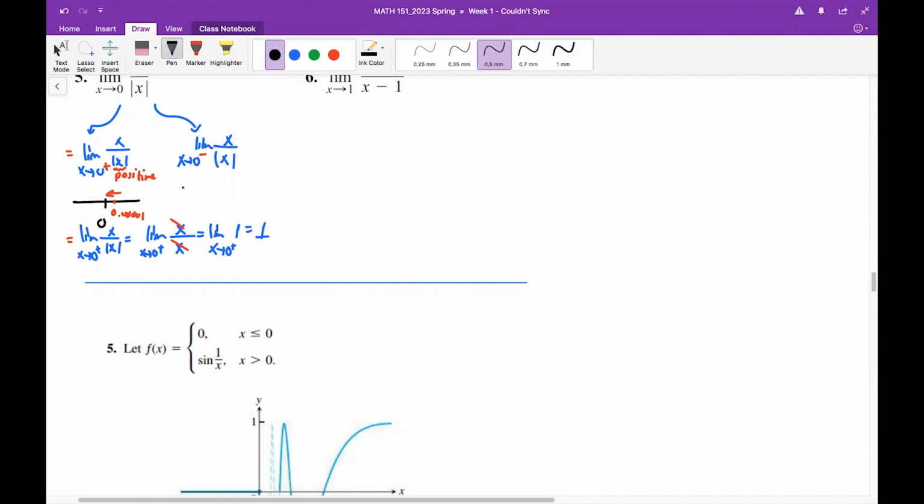Okay, for the second case, where you approach 0 from left, you will insert values like 0.0001, but minus of it, right? You are on the left side. That's why this is negative in this case. So if you want to evaluate this limit, as x goes to 0 from left, x over, how do you evaluate the absolute sign with a negative expression inside?